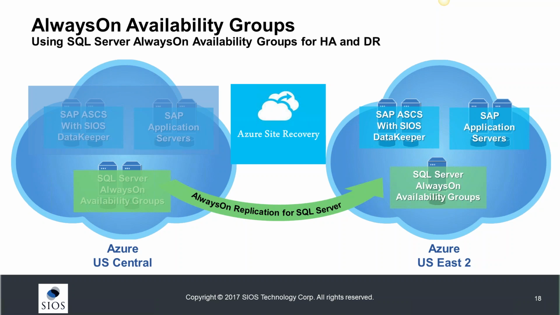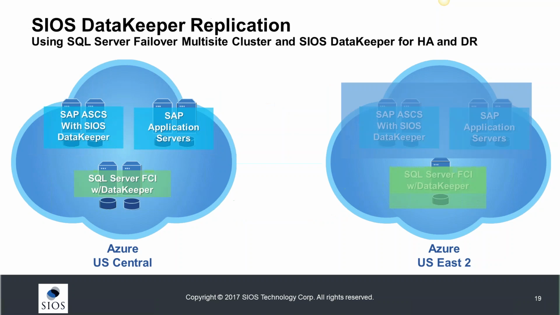So Azure Site Recovery is a great solution for your application servers, your web servers, and so forth. But we can leverage always on for the replication tier. And so we replicate that to a single node in US East 2, or multiple nodes if you want to do that.